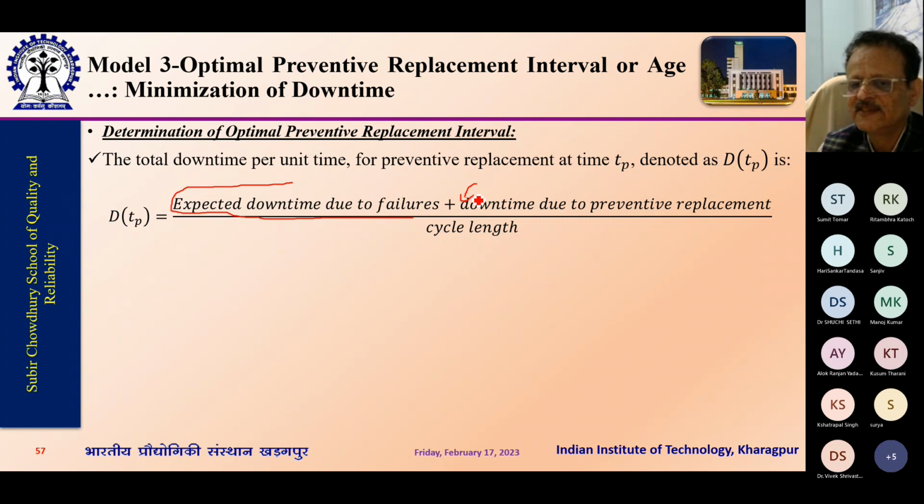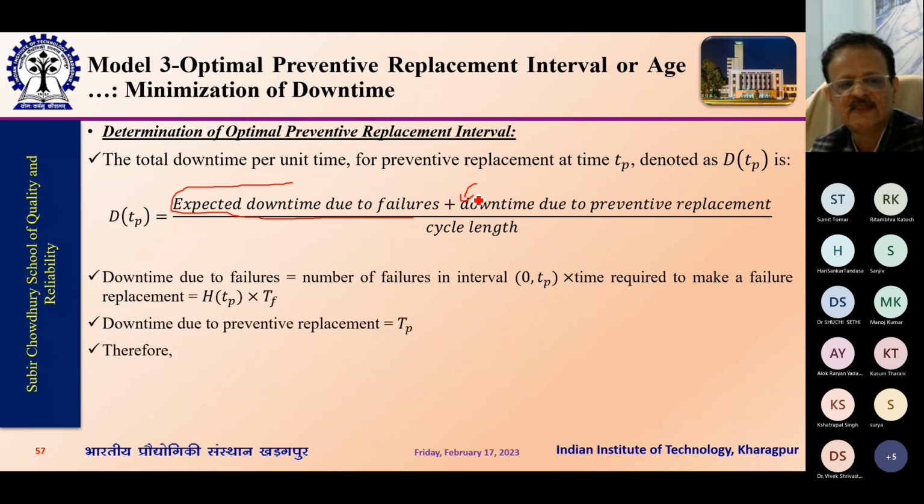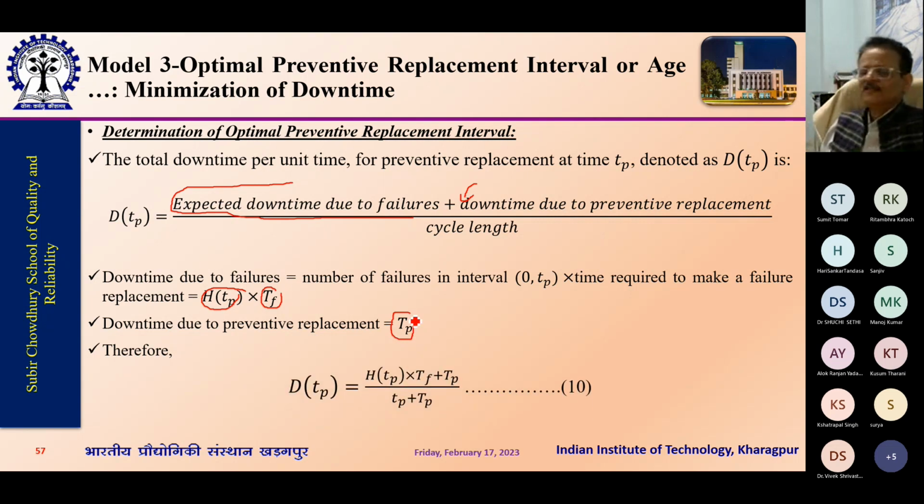So there is no expectation there. So the downtime due to a single failure replacement times the expected number of failures gives you the total downtime over the intended period per unit cycle, and downtime due to preventive replacement remains the same. So this is the fourth model in stochastic modeling for finding out the optimal replacement interval for an item which is undergoing preventive replacement.